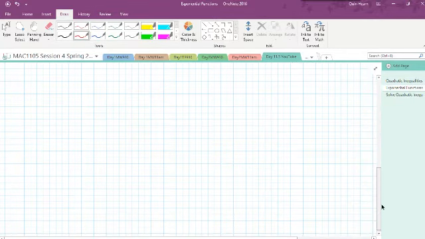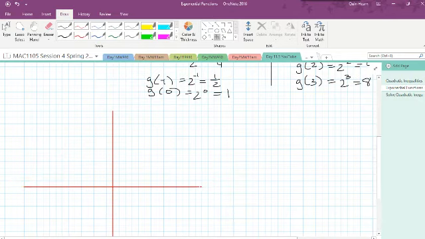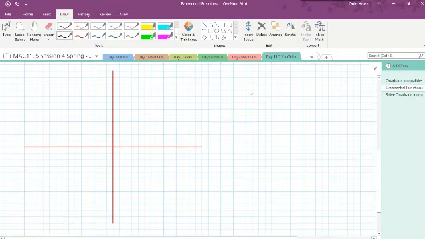what you want to add to your memorized library of functions for this section is that if you have anything of the form y equals b to the x power, where b is any number greater than 1, like 2 or 3 or even 5.5, it doesn't matter, anything bigger than 1, then your graph is going to go through the point (0, 1).